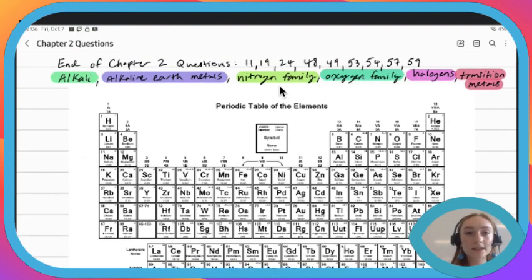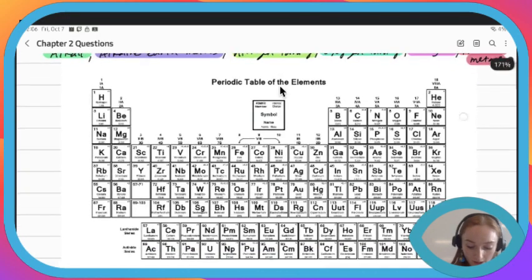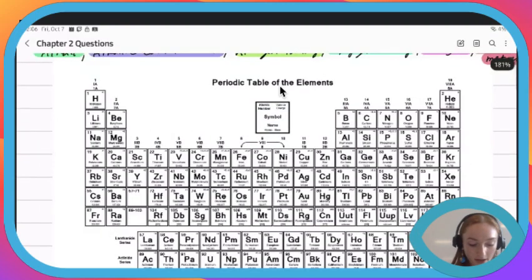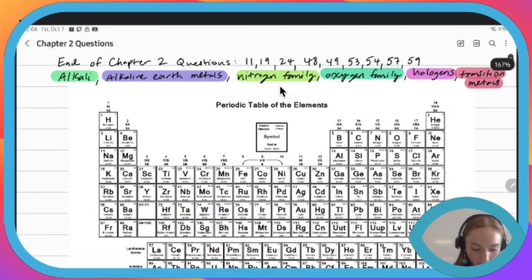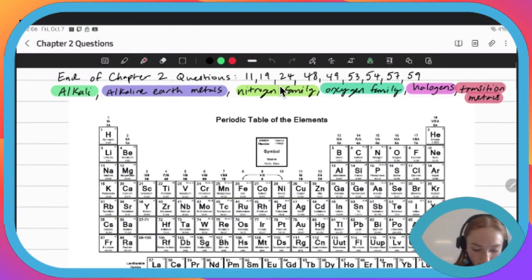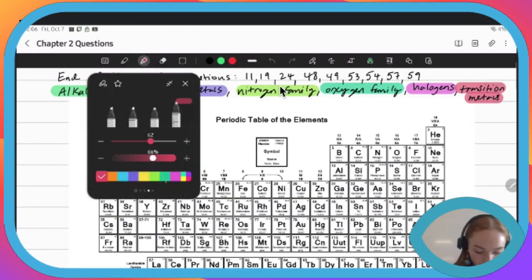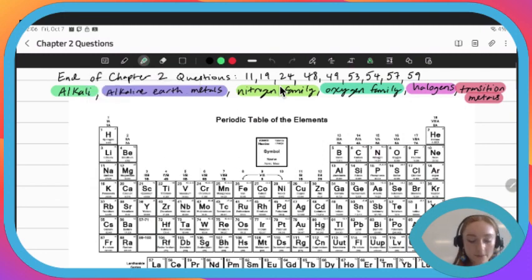So first, let's get started with identifying different structures on the periodic table and how we can identify them. So for alkali metals specifically, I will highlight in green so it's easier to see. Right here. So alkali metals on the periodic table will always be right here.